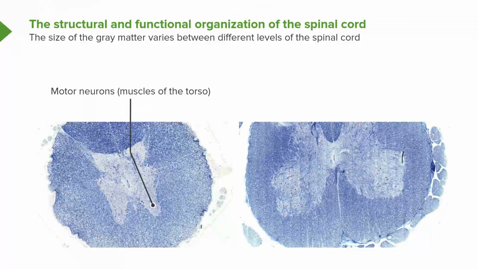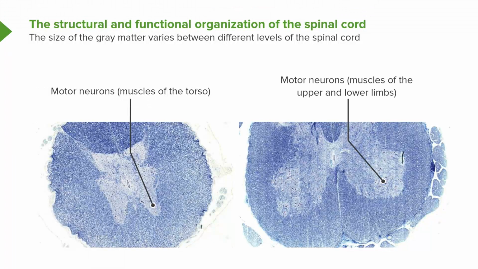Muscles of the torso are less in number than the muscles that move our upper limb or our lower limb. And therefore we need a lot more of these ventral horn cells in the region of the spinal cord where these ventral horn cells are going to exit and form peripheral nerves. So that's why you see the difference in the size of the grey matter as you move up and down the spinal cord.